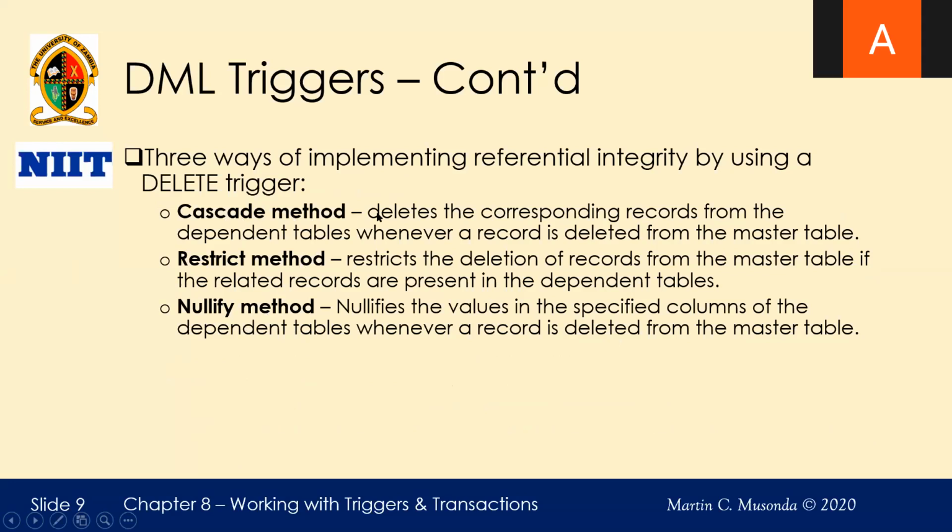Cascade method deletes the corresponding records from the dependent tables whenever a record is deleted from the master table. Restrict method restricts the deletion of the record from the master table if the related records are present in the dependent tables.